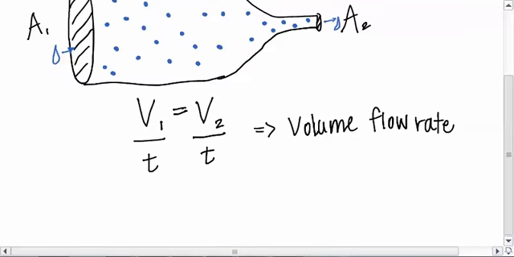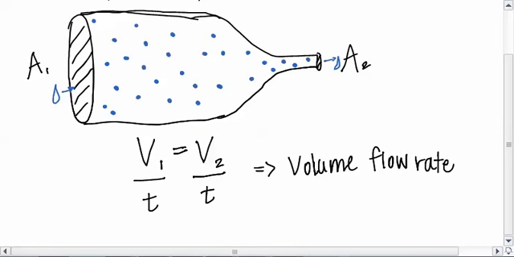Now let's look at a specific piece of this fluid. So I'm going to look at a chunk of this fluid right here. And you can't see this backside right there. And it has the same cross-sectional area as the end of the pipe. And maybe it has a little length right here I'm going to call L1.